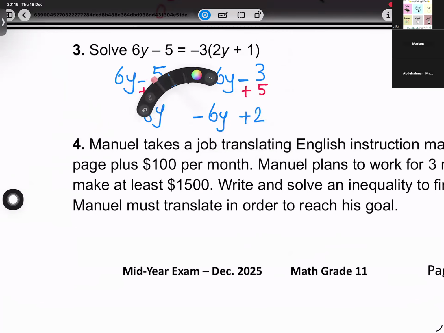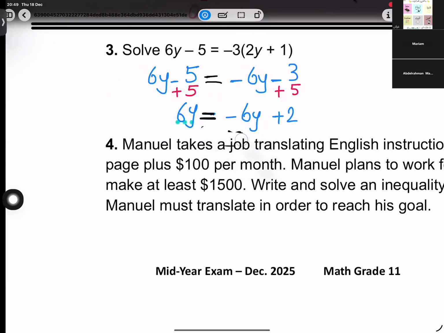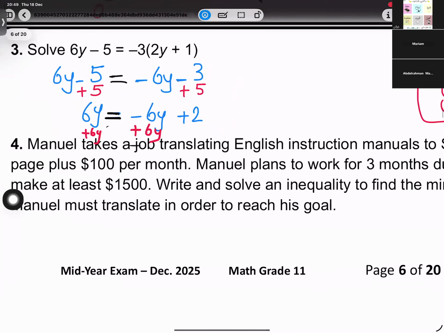We don't divide now, we just add 6 first, and move negative 6y to this side. So it will be 6y plus 6y. This will be 12y equal to 2.